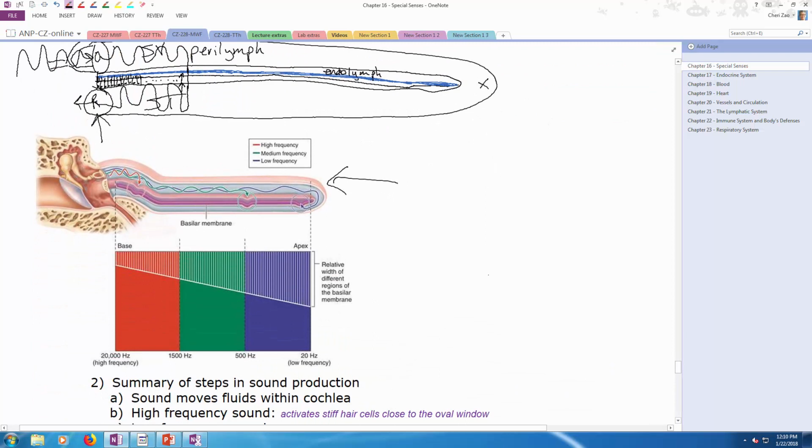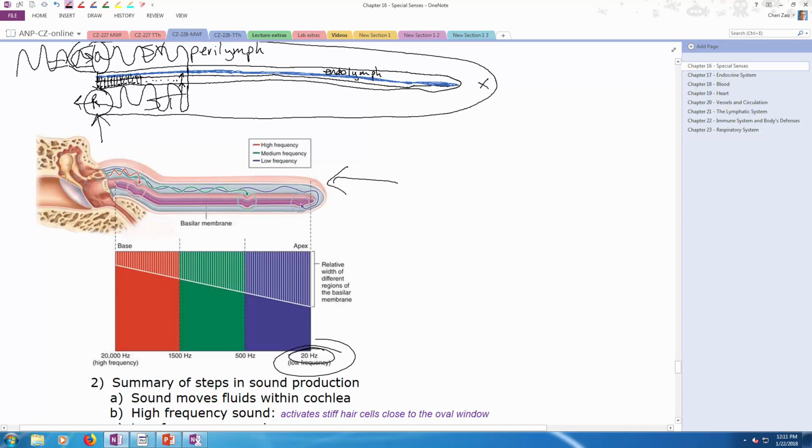Here is the pitch in hertz. 20 hertz is passing all the way down to basically the tip of the cochlear duct. That's our range. That's the lowest frequency that we can actually hear, but it's the furthest away. And that's because of the phenomenon of how sound waves travel. So the lower the pitch, which is the lower the number here, the further it travels.